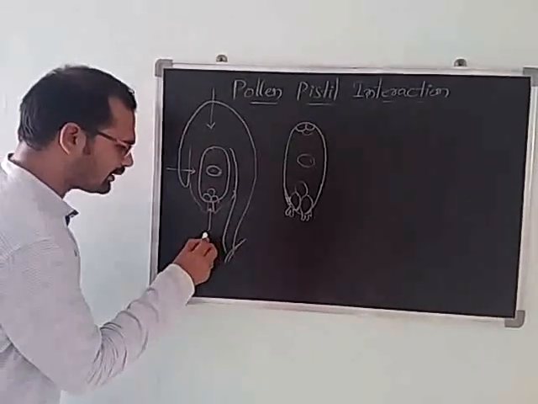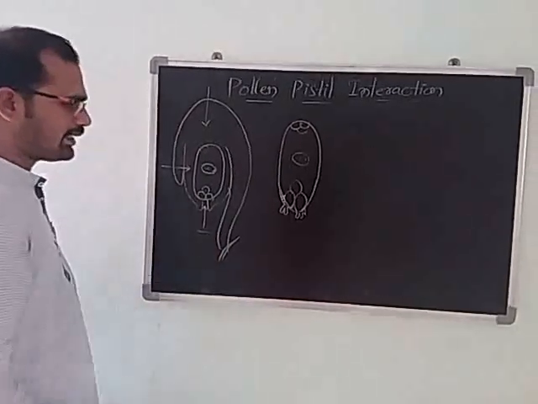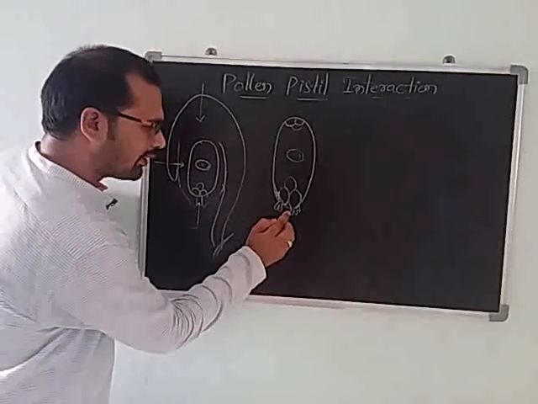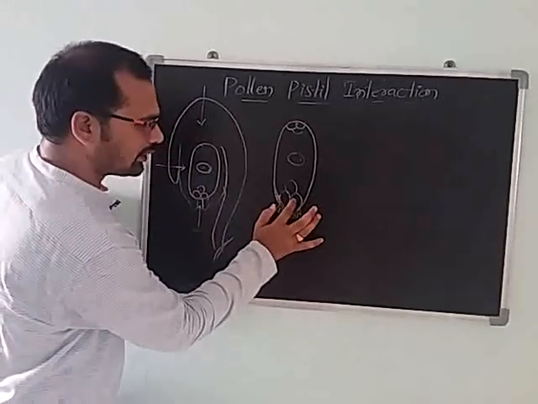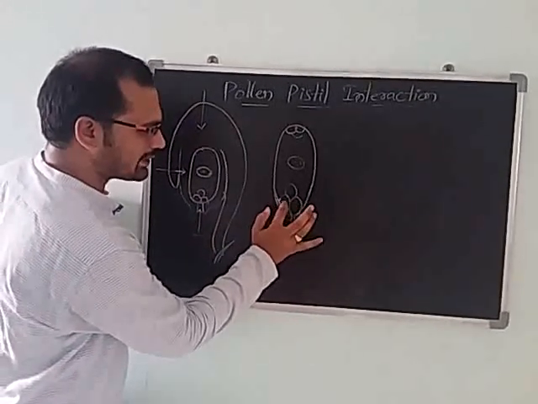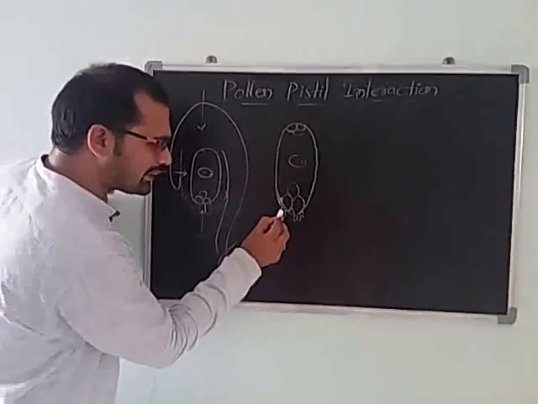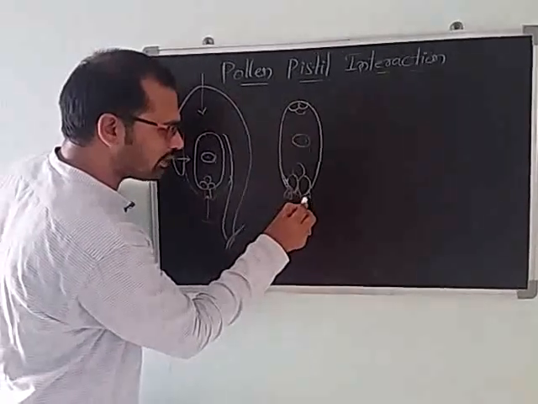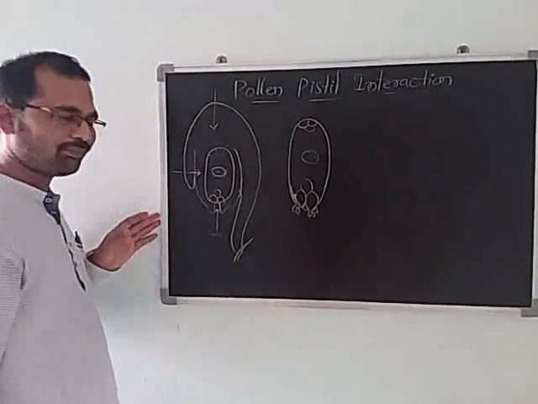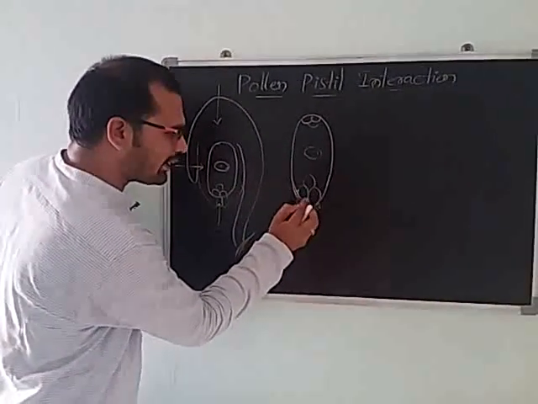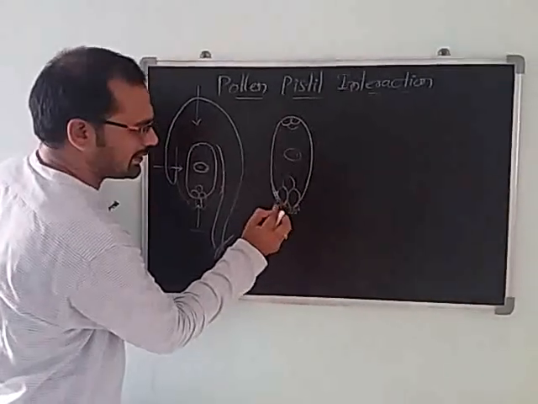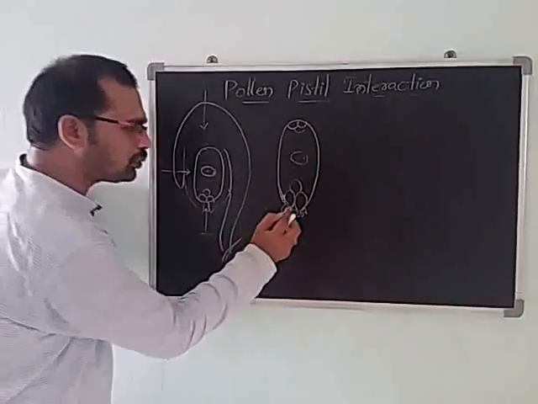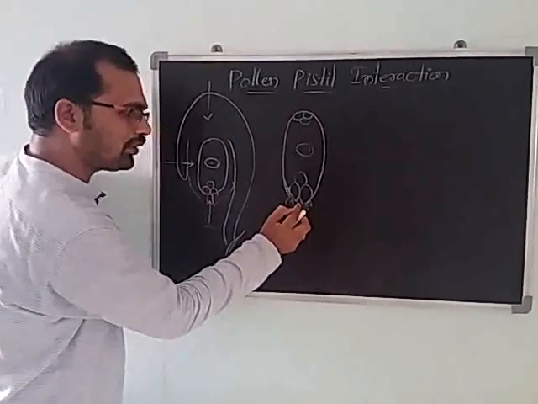In most plants, what is the common type? It is porogamy. Why? At the micropylar region, two synergids are present. At the synergids there are cell wall thickenings called the filiform apparatus. The filiform apparatus helps guide the pollen tube.